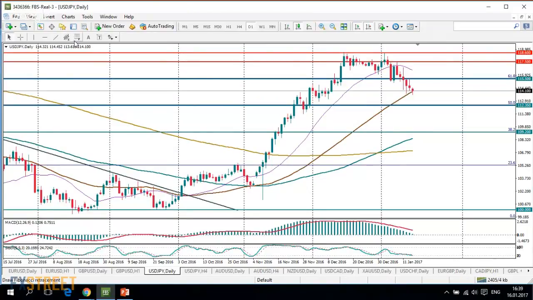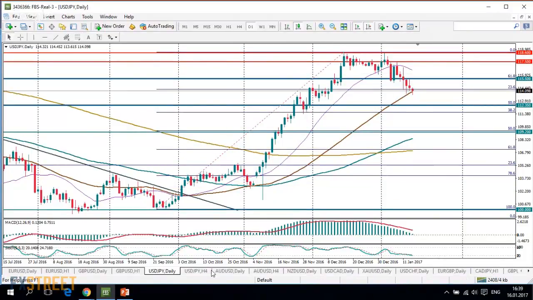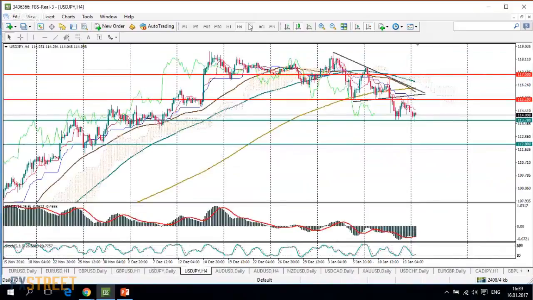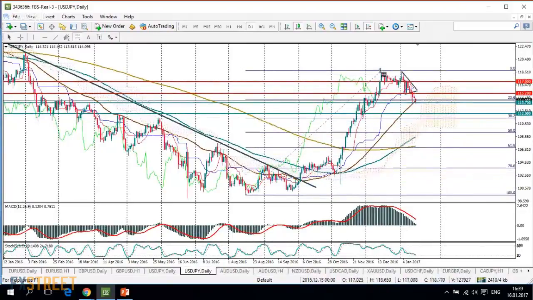We can have Fibonacci levels, better maybe on this chart. We can have Fibonacci levels of the pair's advance from the summer of 2016 to the beginning of this year.